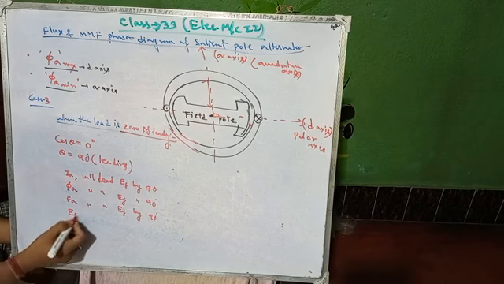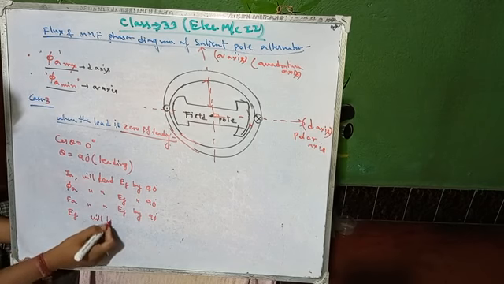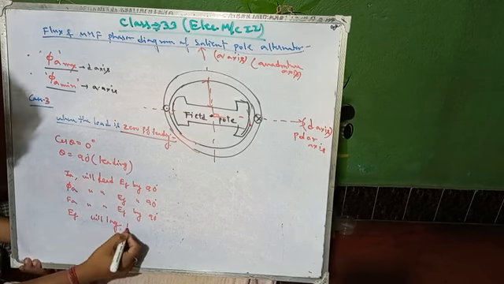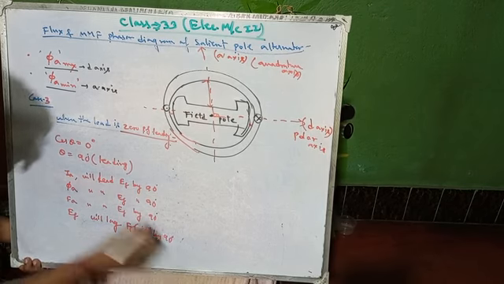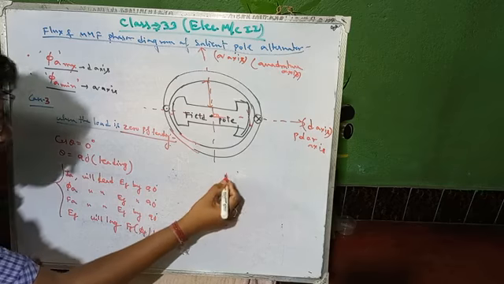And EF will lag FF, or phi F, by an angle of 90 degrees. So from these four concepts you can draw it.